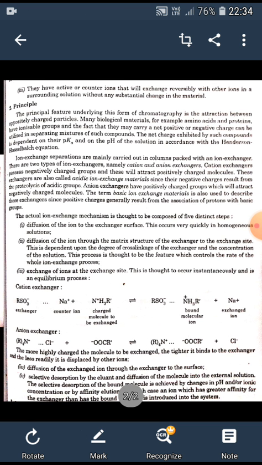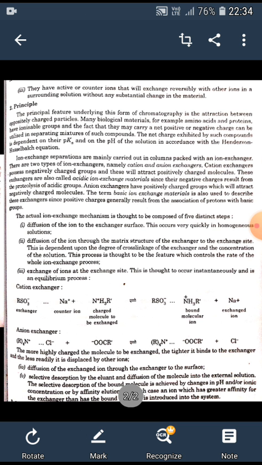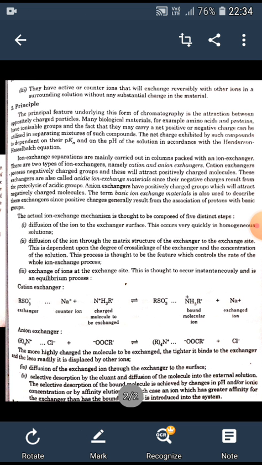Let us see the principle of the ion exchanger. The principal feature involving ion exchangers is the attraction between oppositely charged particles. Many biological materials, for example amino acids and proteins, have ionizable groups, and it is also a fact that they carry a net positive or net negative charge.